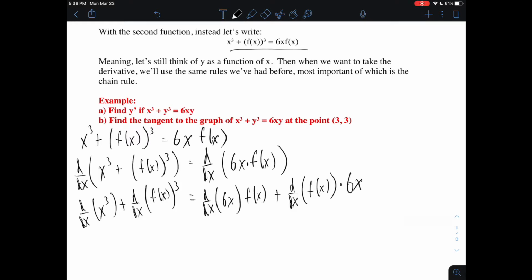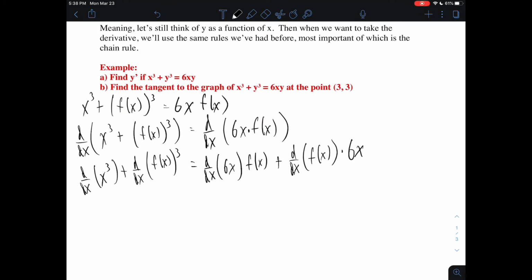Now we can start finishing this up. The derivative with respect to x of x cubed is 3x squared. The derivative with respect to x of f of x cubed is where we need the chain rule. We have an inside function, f of x, and an outside function, which is the third power.